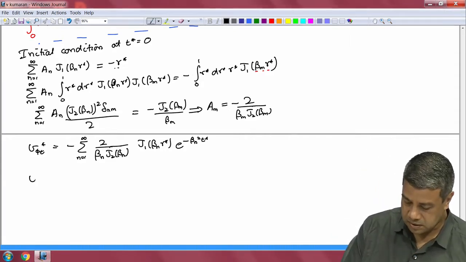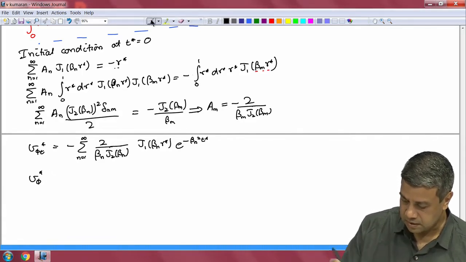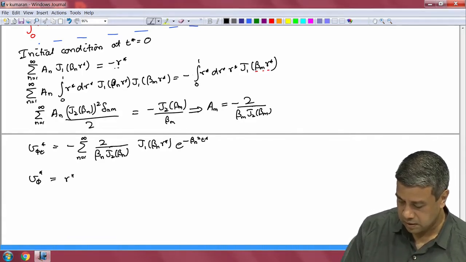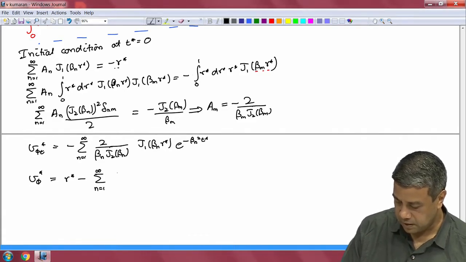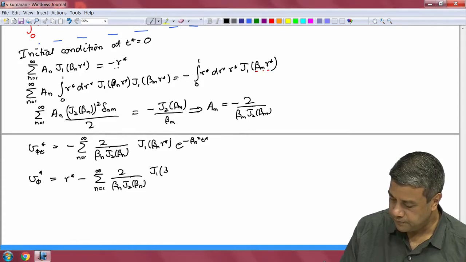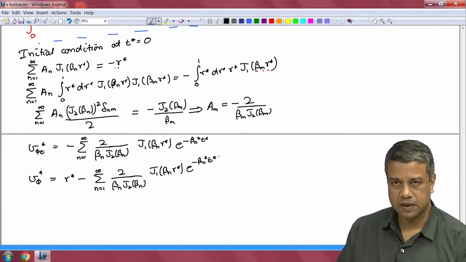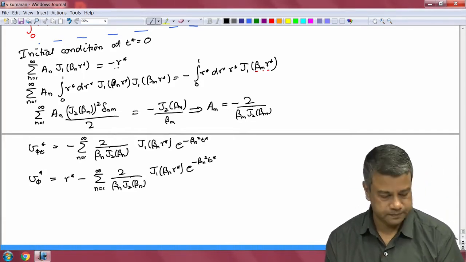The total solution is the steady plus the transient part, which is equal to r star minus sigma n equal to 1 to infinity of this term. So, that is the total solution.